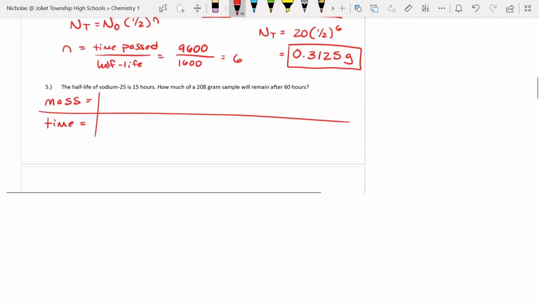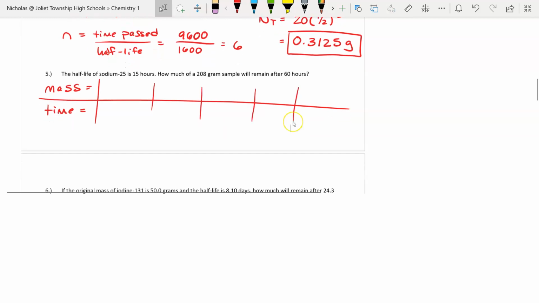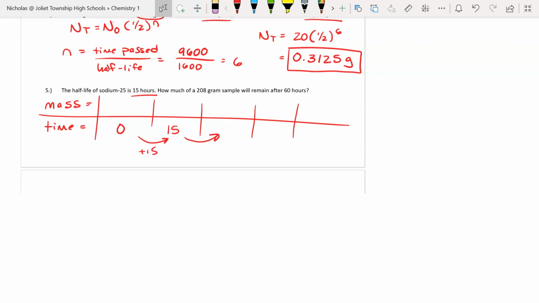All right, so I'm going to make a couple columns. Again, I kind of have the advantage of knowing how many are supposed to be there. So on the bottom, we're going to add the half-life each time. So here, again, I'm adding 15. Here, I'm adding 15. So 15 and 15 is 30, then 45, then 60.